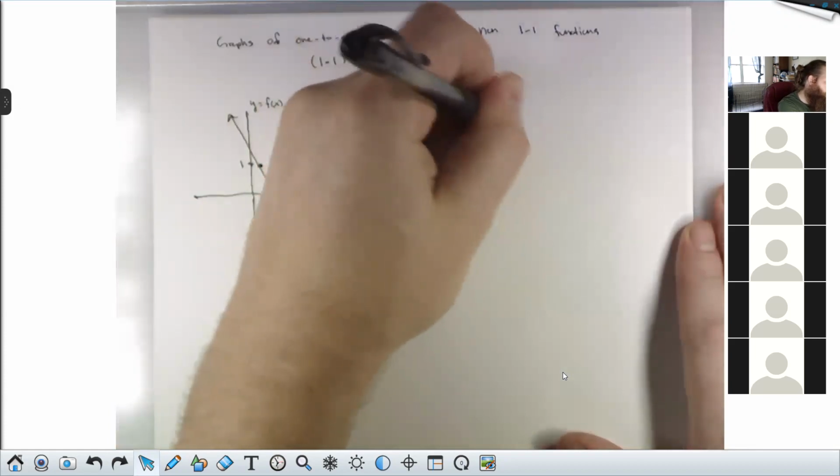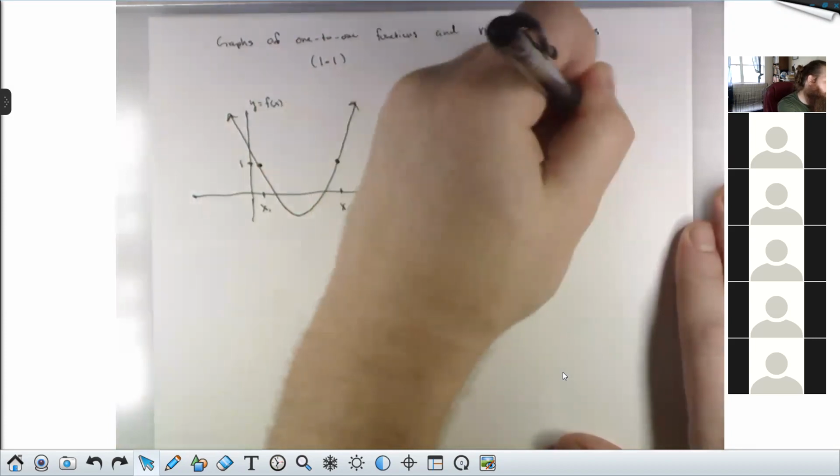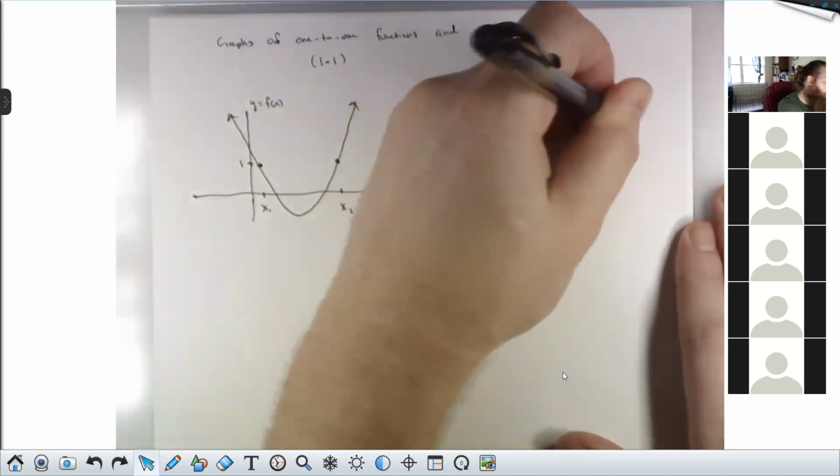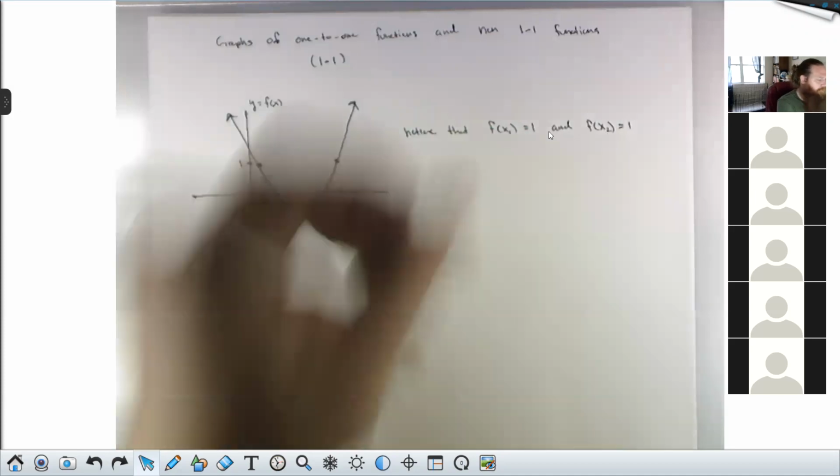So notice that f of x1 is equal to 1 and f of x2 is equal to 1. This means that the function I'm looking at here is not a one-to-one function, because two different inputs, x1 and x2, maybe 1/3 and 3, or 1/5 and 10, whatever, get sent to the same output.